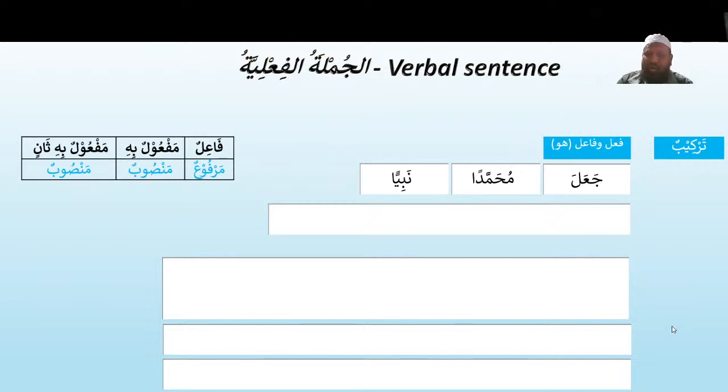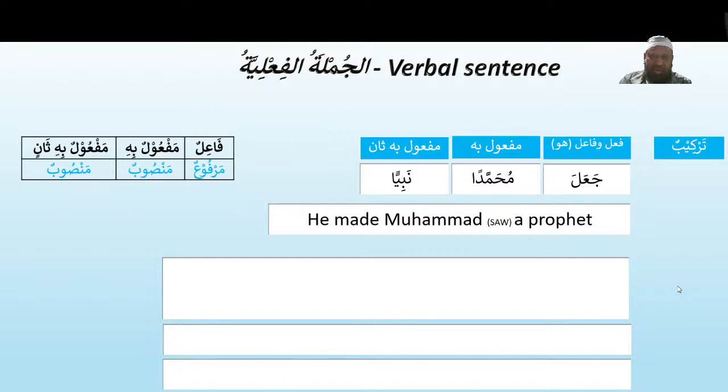So جعل فعل وفاعل and محمدا مفعول به, نبيا مفعول به ثان. Translation: he made Muhammad sallallahu alaihi wasallam a prophet.